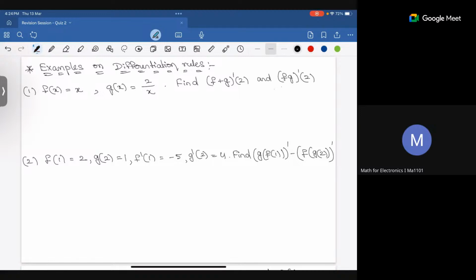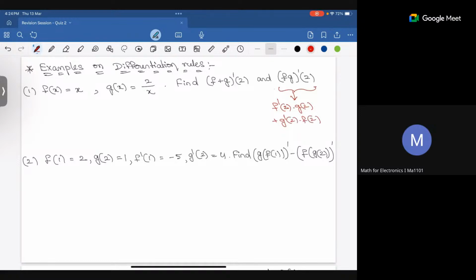We'll start with the derivative of fg at 2. If you use the formula, you have to compute f prime of 2 into g of 2 plus g prime of 2 into f of 2, right?